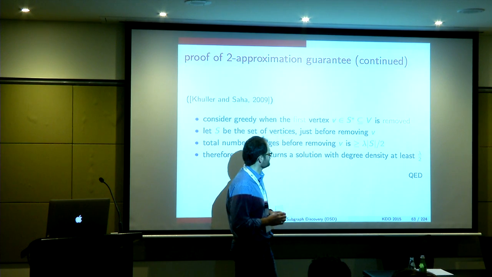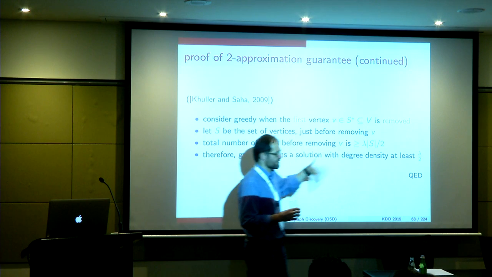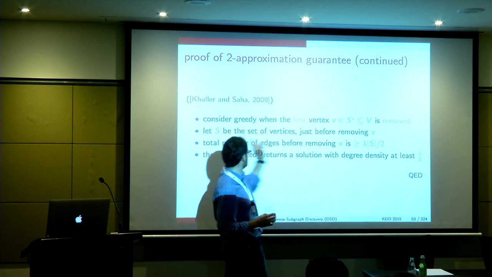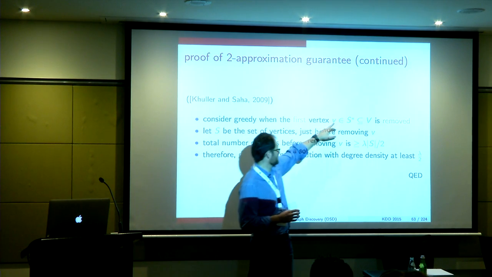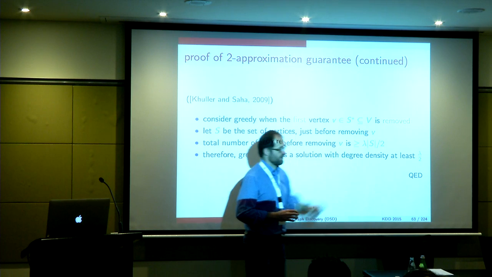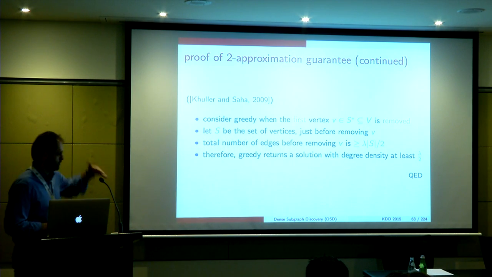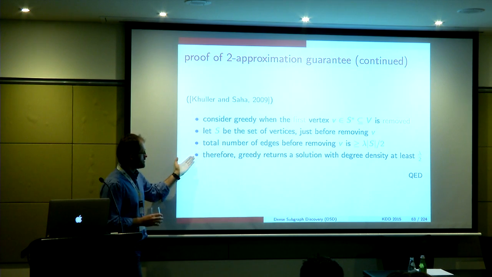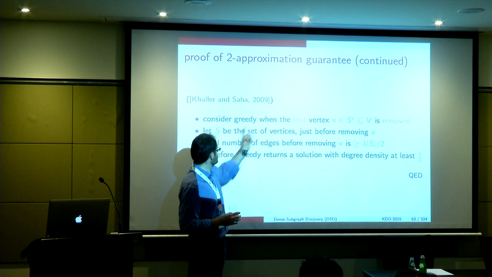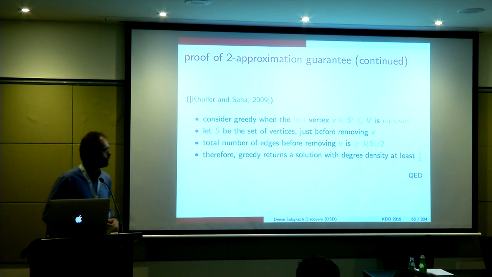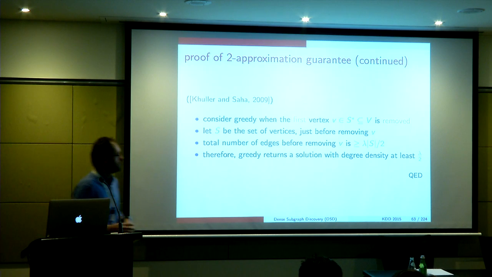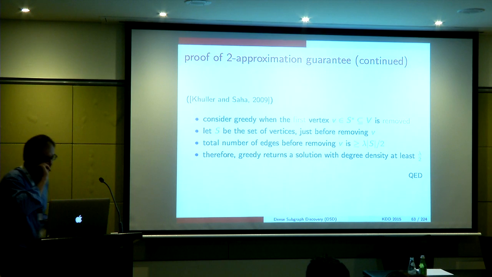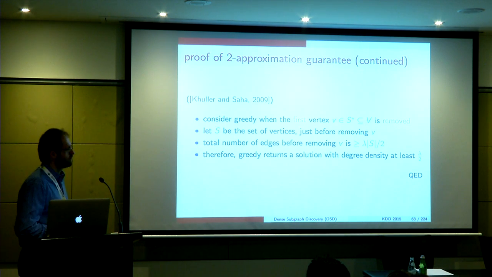Because I just saw before that the degree of each node in this set, and this set is S star because this is the first vertex that I removed from the optimal solution, is at least lambda. This is what we saw before. Okay? So this means I have so many edges. So this means that my density on this S, which is the set of vertices just before removing the first vertex from S star, is at least lambda over 2. So I assume that the optimal is lambda. Therefore, I get my factor 2 approximation. Right? So very neat.